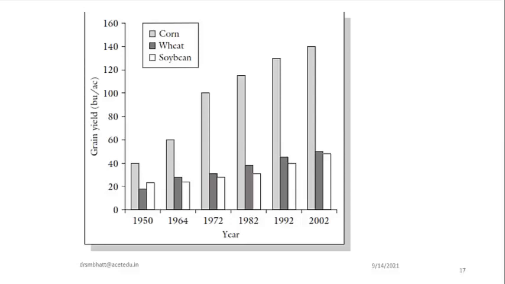You can see the graph. From 1950, this was the actual average yield of grain, corn, wheat, soybean. Now in 2002, this much was there. So because of the green revolution, this was the benefit. But now a lot of new techniques have arrived, but they are not using them.